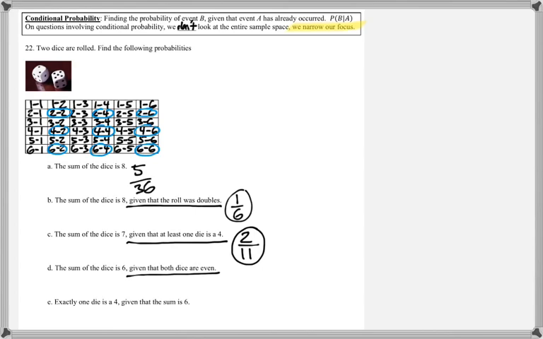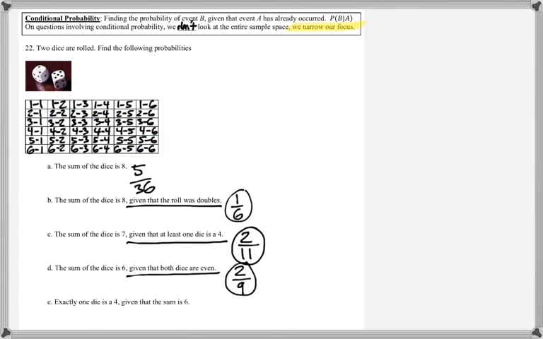So we are only looking at those 9. Now, of those 9, how many have a sum of 6? That would be this one and this one. So just 2 of the 9.